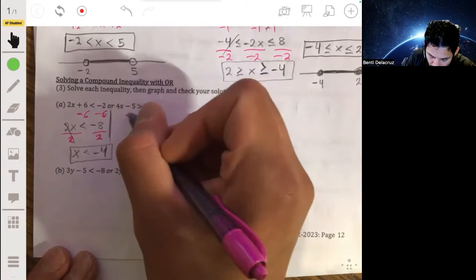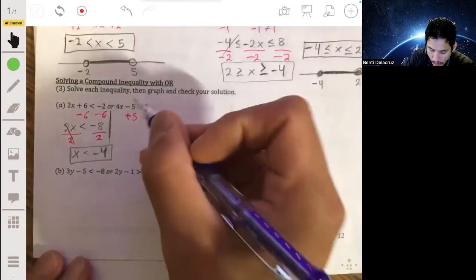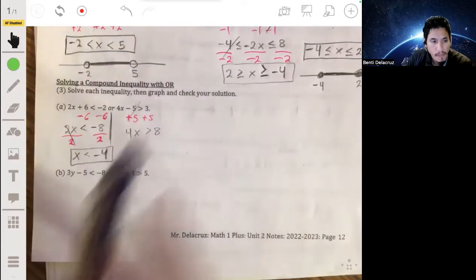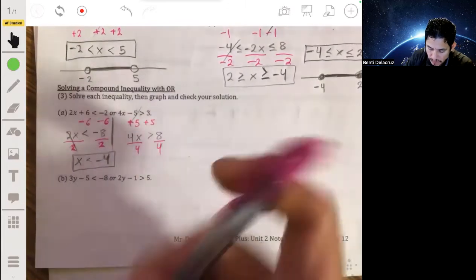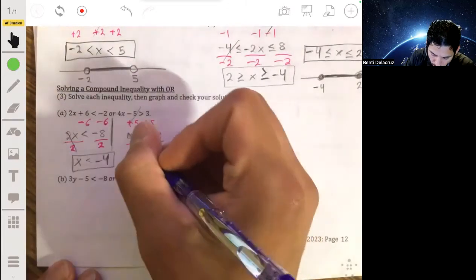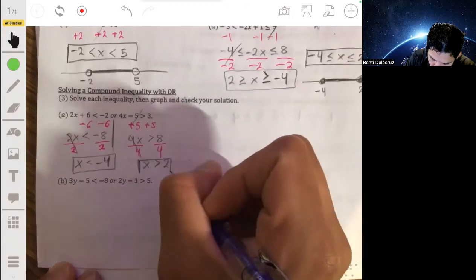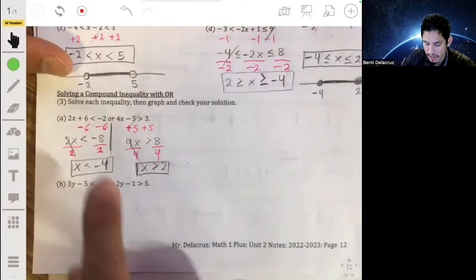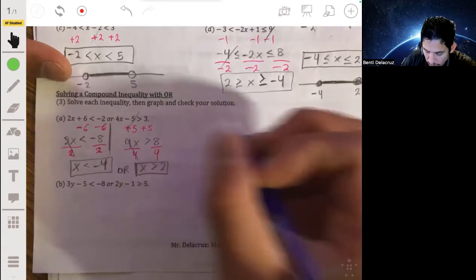Again, we solve for x, we add 5 to each side first. We'll get 4x is more than 8. Divide by 4. And we'll get x is more than 2. And then, this is an or, so we'll say or.